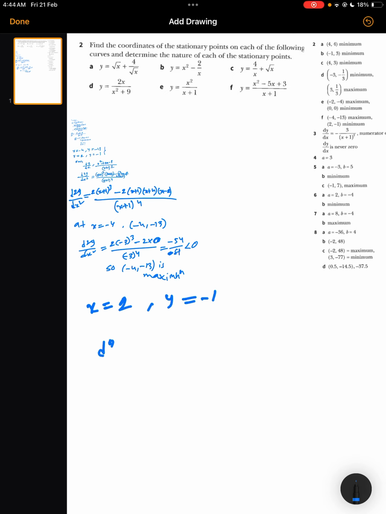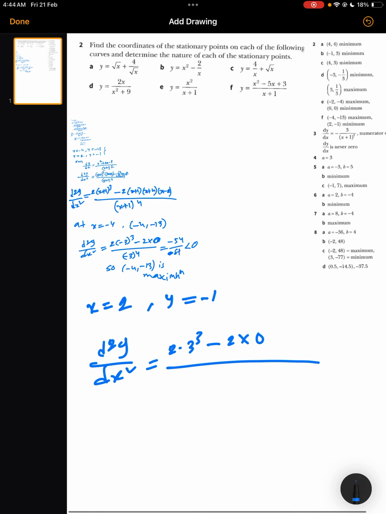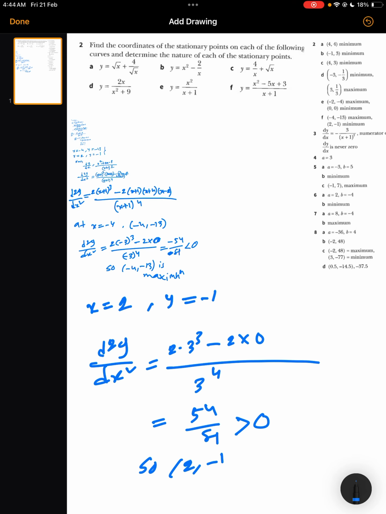Okay, if I input 2 times 3 to the power cube, and the rest, this one would be 0, over 3 to the power 4. So 54 by 81, which is greater than 0. So (2, -1) is minimum.